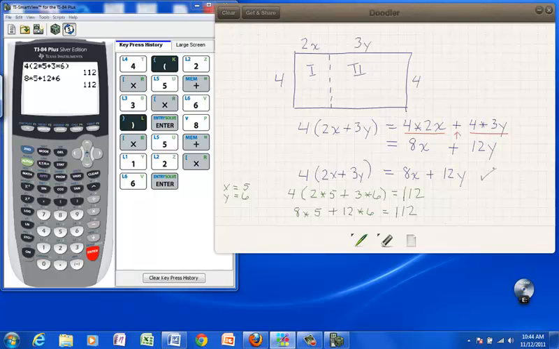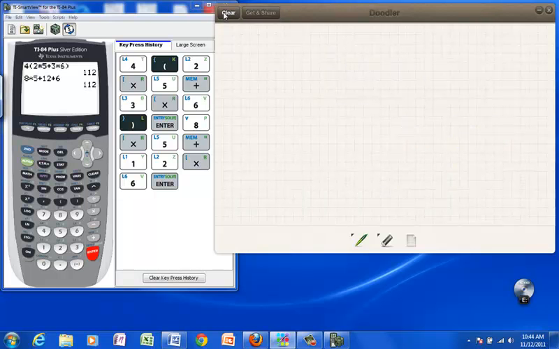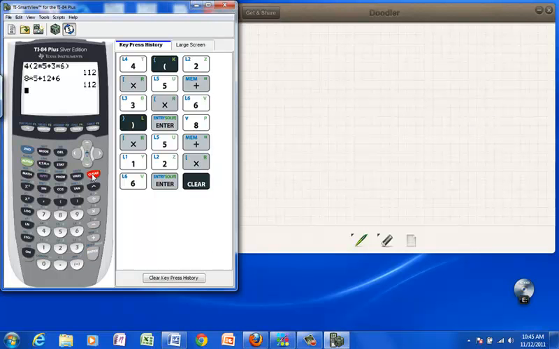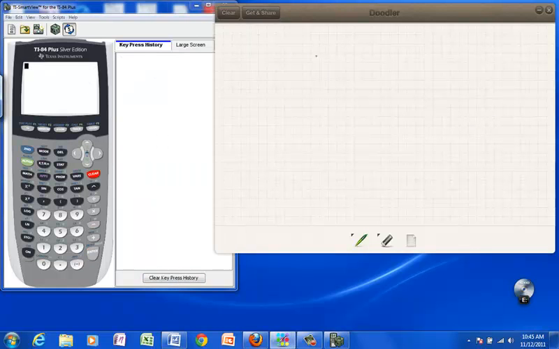Okay, let's go on and look at number 5 on the activities. So we'll clear this out. And I think I'll clear my calculator while I'm at it. So number 5 says to write an expression for the area of the following figure by adding the lengths on the long side and then multiplying the length and the width.